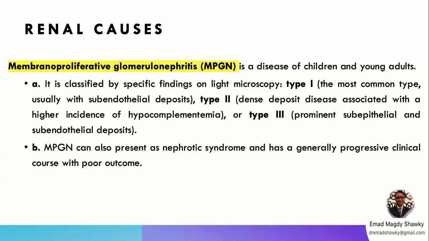The renal cause is the idiopathic membranoproliferative, because membranoproliferative can be caused by an infection, by a tumor, or by viral infection, and all these can be caused idiopathically, the renal limited type of membranoproliferative glomerulonephritis.